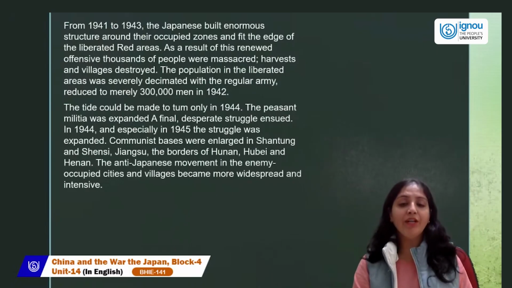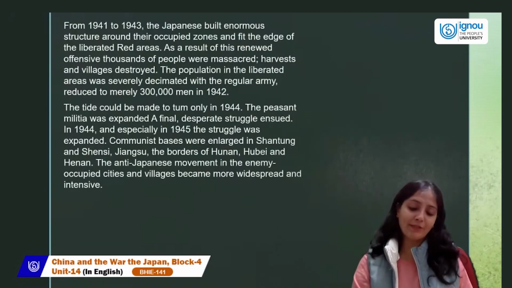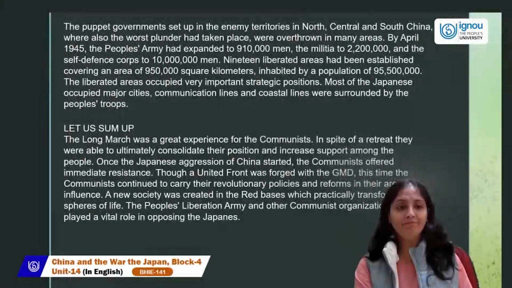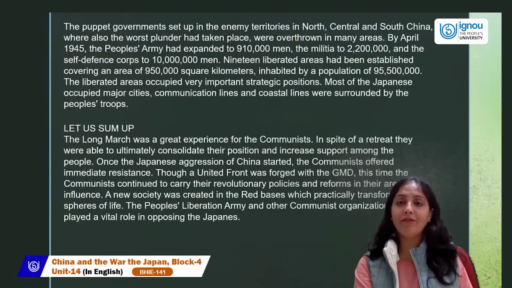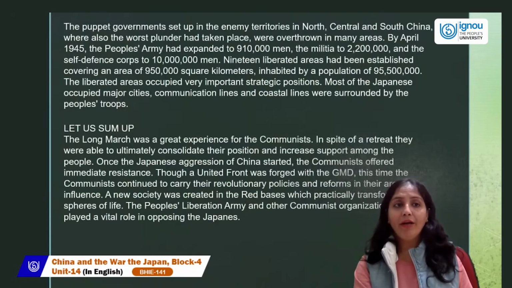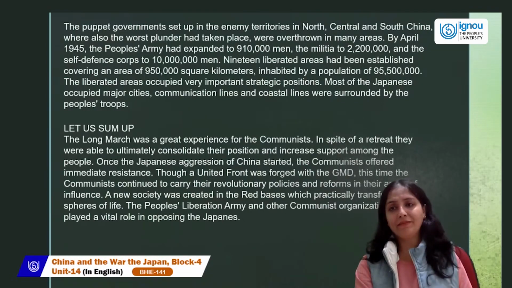The anti-Japanese movement in the enemy-occupied cities and villages became more widespread and intensive. The puppet governments set up in the enemy territories in north, central, and south China, where the worst plunder had taken place, were overthrown in many areas.